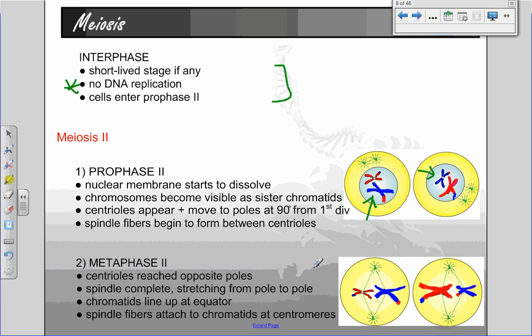Okay, by the time we get to metaphase, these are going to line up at the equator. So we have one copy of each chromosome that is going to line up at the metaphase plate in the middle. So they're still sister chromatids.